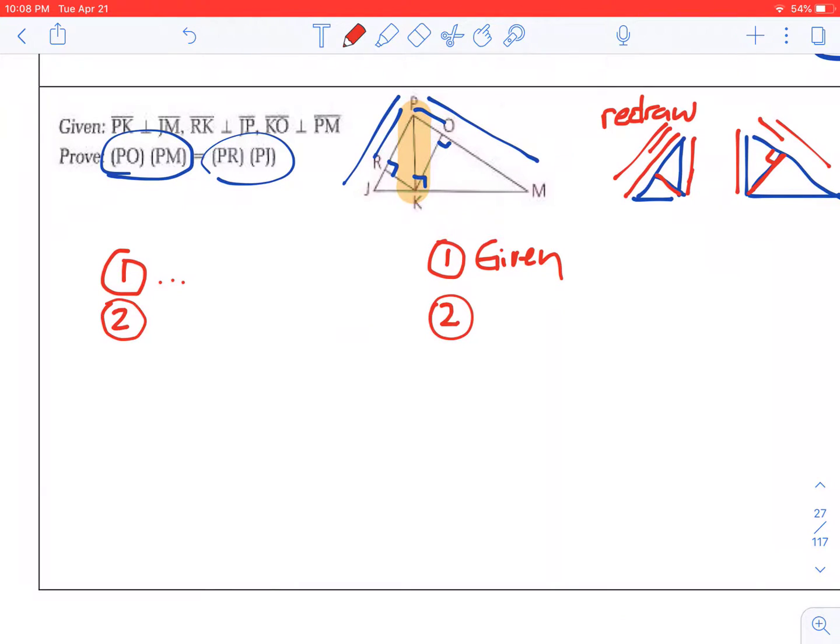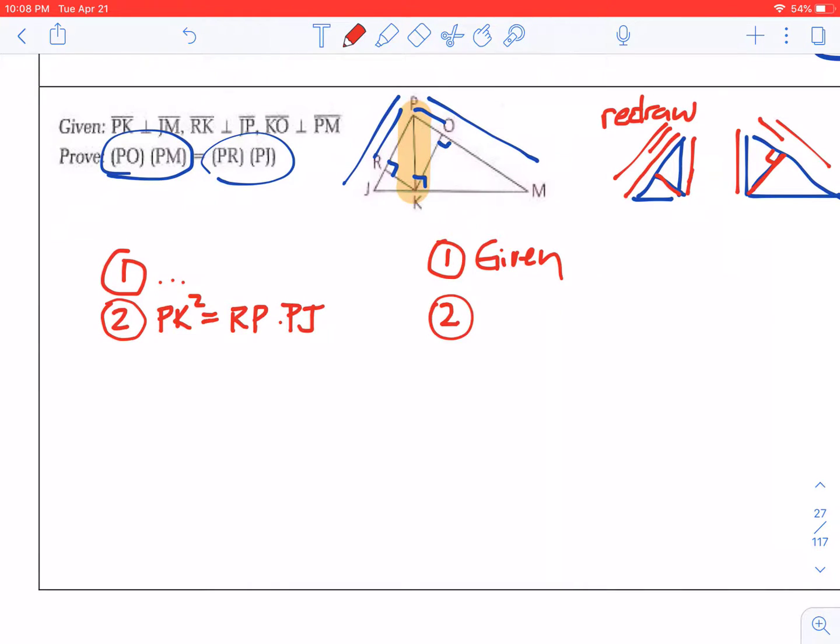All right, first off, we know that PK squared is equal to RP times PJ.